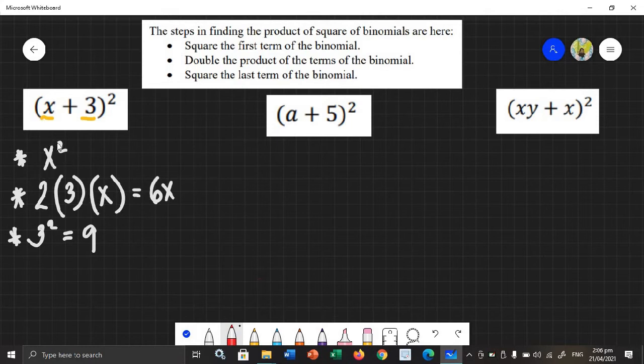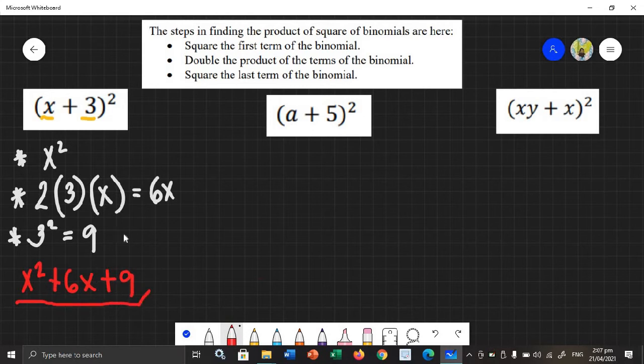So the first one is your first term, x squared. The second one is the middle term, which is positive 6x. And then the third one is your last term. So the answer for the first example is x squared plus 6x plus 9.